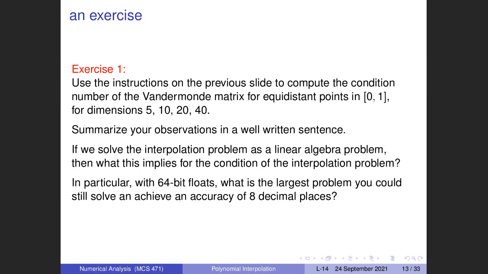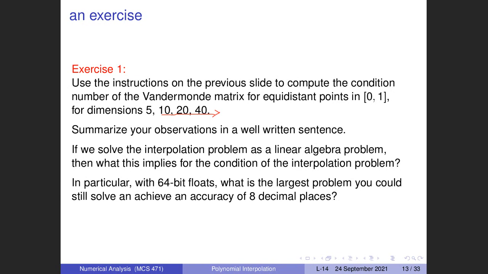Now, in order to get an accuracy of 8 decimal places in your coefficients, you cannot afford that the condition number increases above 10 to the power 8. So for these dimensions 10, 20, 40, is there a condition number larger than 10 to the power 8? That's what this question asks.